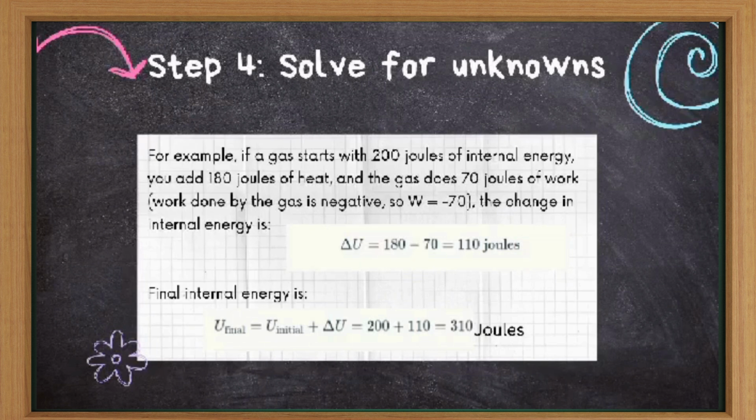The change in internal energy is delta U equals 180 minus 70 equals 110 joules. Final internal energy is U final equals U initial plus delta U equals 200 plus 110 equals 310 joules.